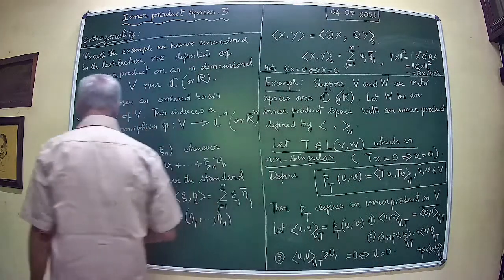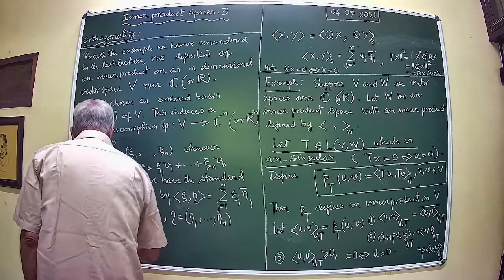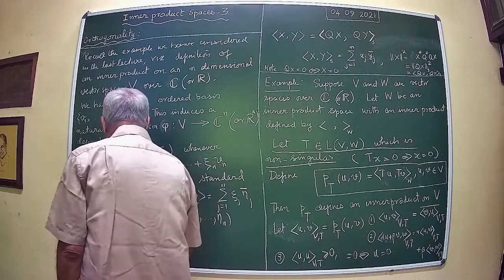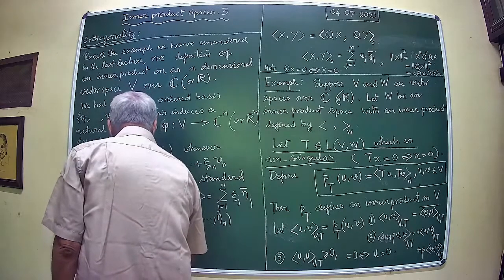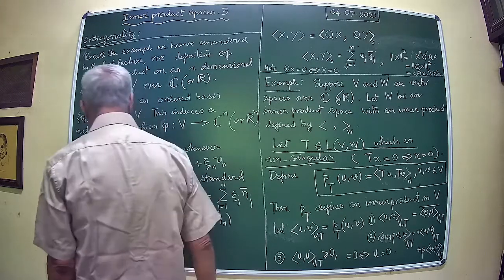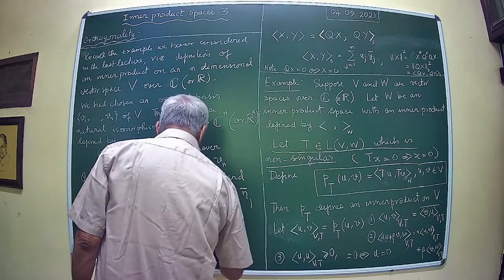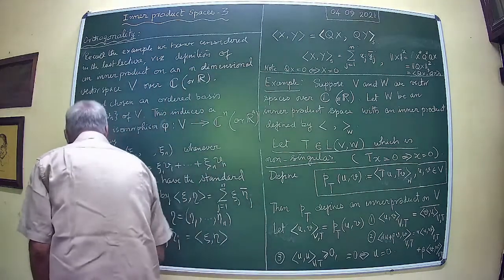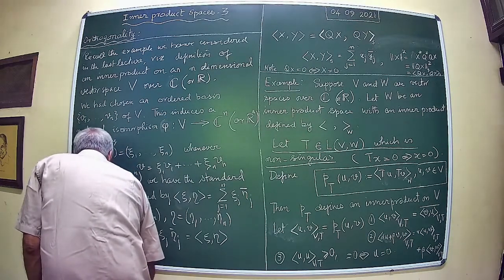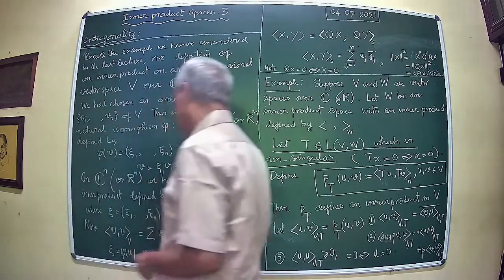Now define UV on V defined by sigma, where psi is equal to... okay.